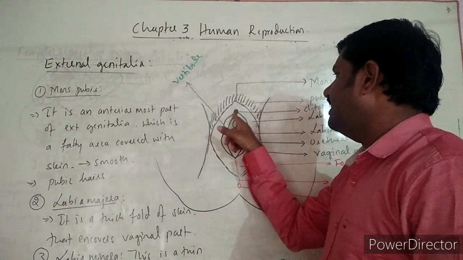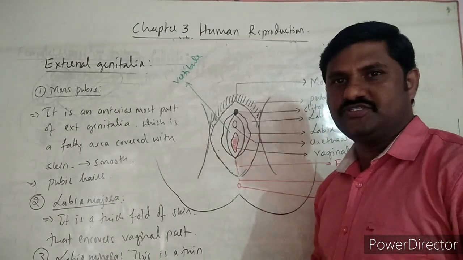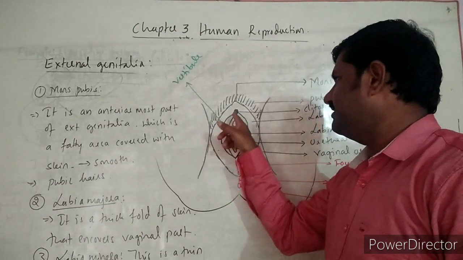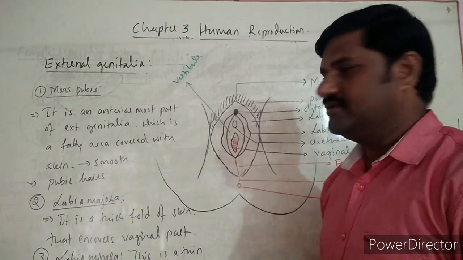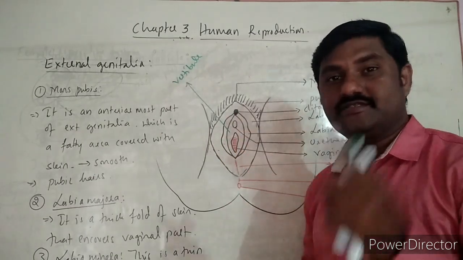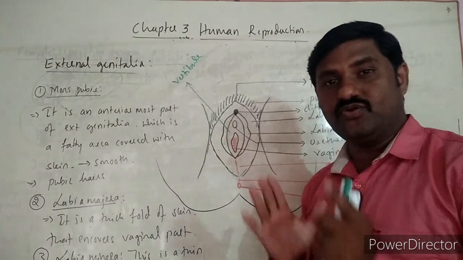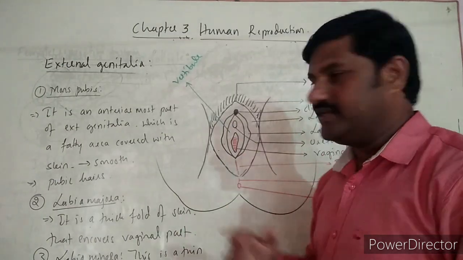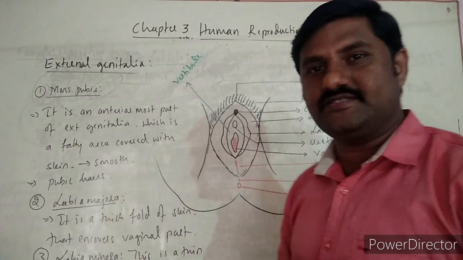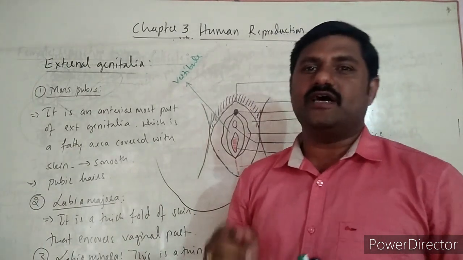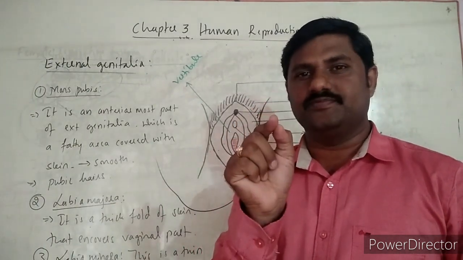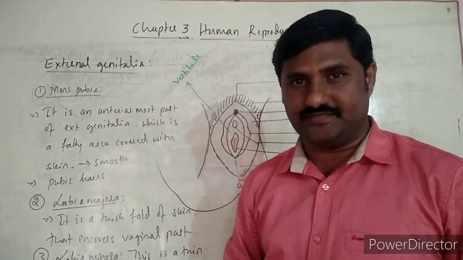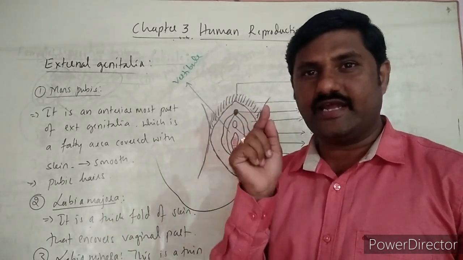So here the black top structure that I am showing itself is called clitoris. Clitoris is also a very important one. It is homologous to the glans penis in case of male. Why? Because it is also a short thickened erectile tissue.